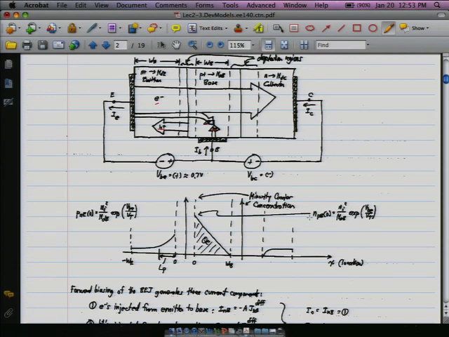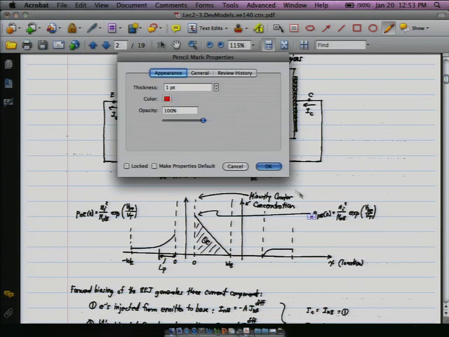So this first N basically tells you that those are the types of carriers we're talking about. So in this case, the N carriers are electrons. Then the subscripts says... Anyway, it's doing weird things here.